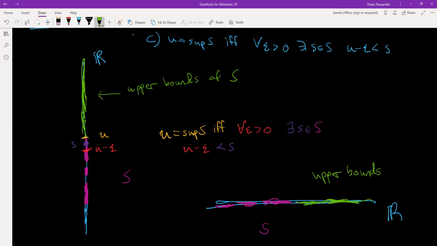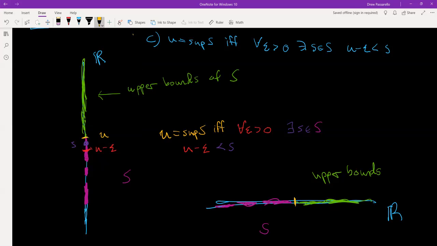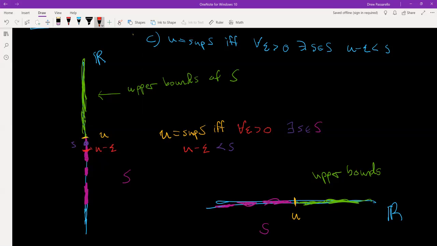And the supremum U, say that's U, is the supremum if and only if for all epsilon greater than 0, there exists an element in S where U minus epsilon is less than s. So let's say we have epsilon subtracting from U. That's going to put us something like that. And then you'll see that there are values in S.